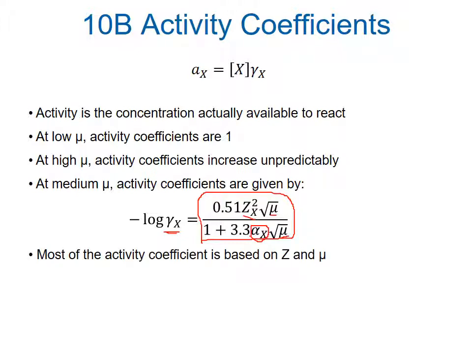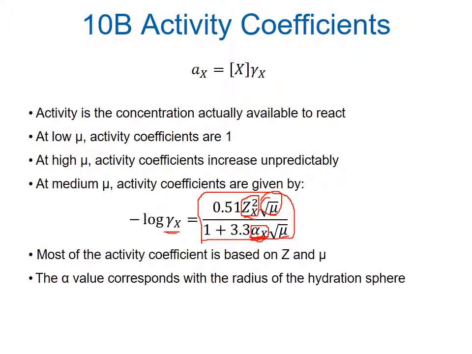Notice that most of the activity is going to be based on this Z squared term. The charge is going to make a much bigger difference in activity, and the ionic strength. We're going to see that down here, this is going to play a pretty minor role in the overall activity coefficient. So the hydration sphere is important, but not nearly as important as these other factors.